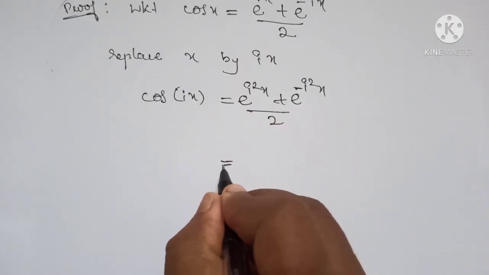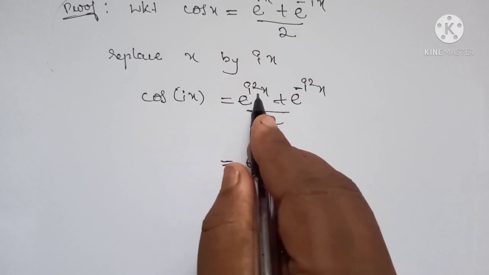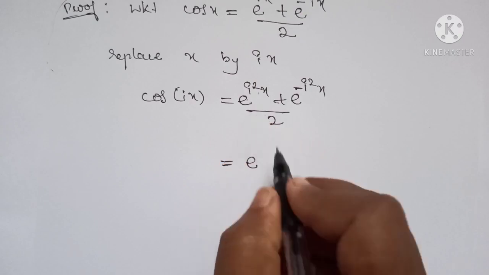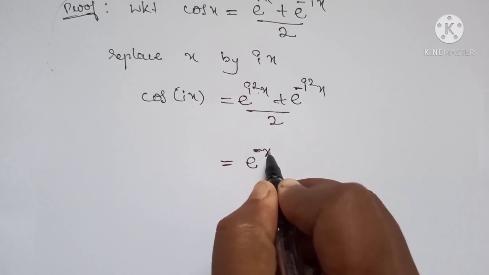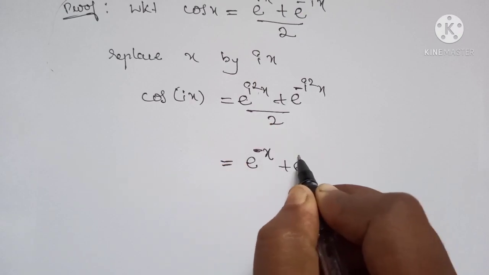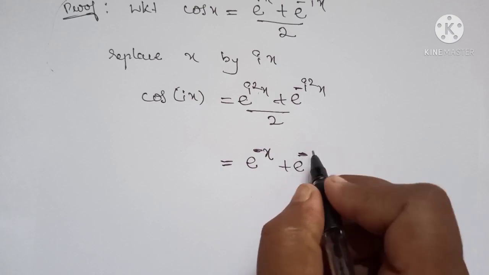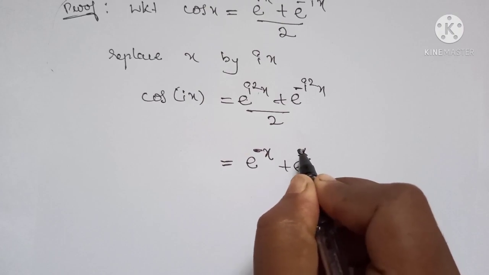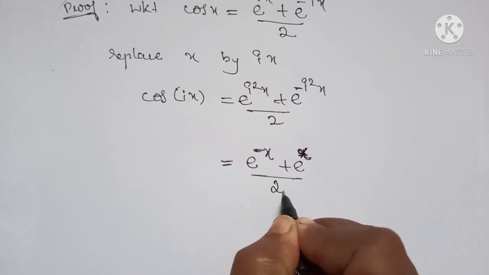Here the value of i square is minus 1, so we get e raised to minus x plus e raised to minus into minus plus, so directly x, divided by 2.